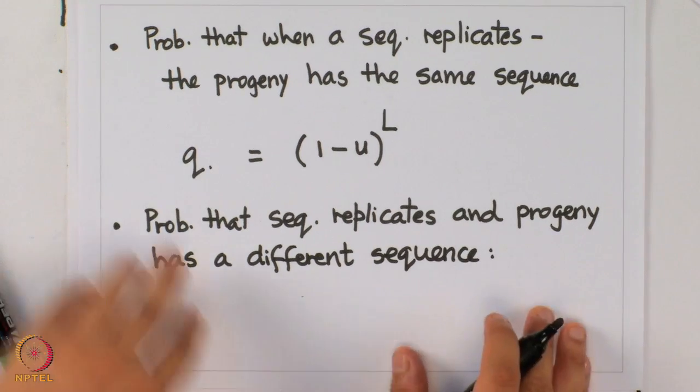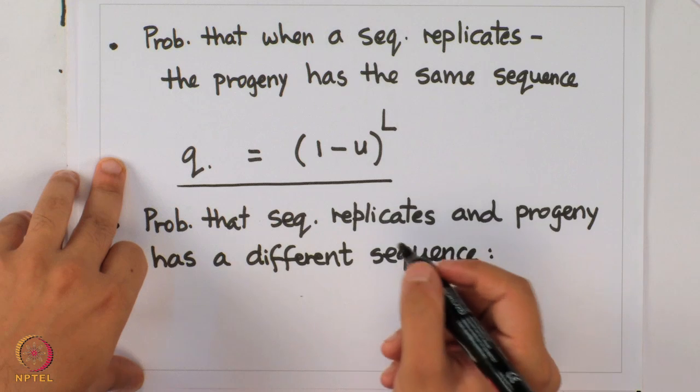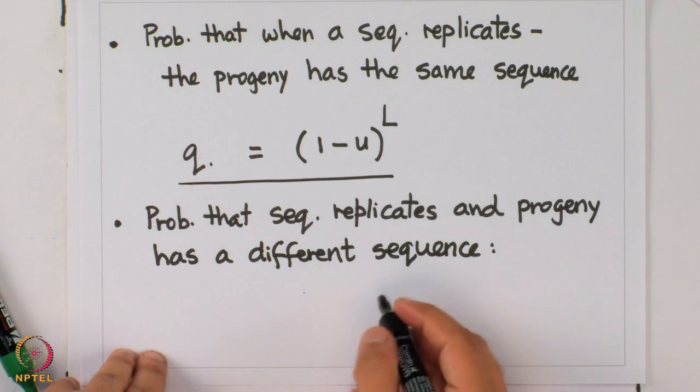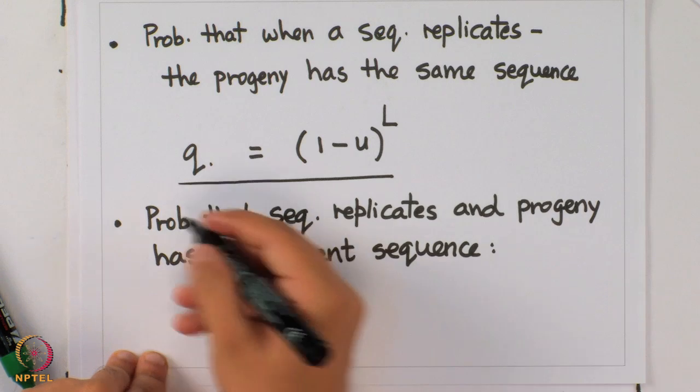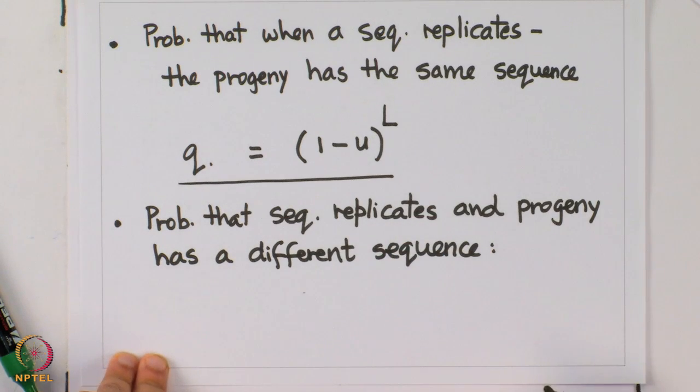And that probability, if this is the relationship for the fact that progeny has the exact same sequence as the parent, the probability that the progeny has a different sequence is just equal to 1 minus the probability that the progeny and the parent have the same sequence.